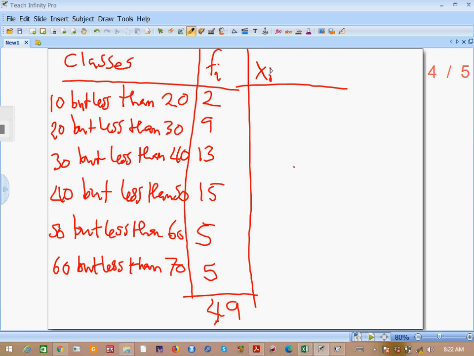Okay, so that's 15. Then 20 plus 30 divided by 2, you have 25. 30 plus 40 divided by 2, you have 35. Then there you have 45, 55, and finally we have 65.